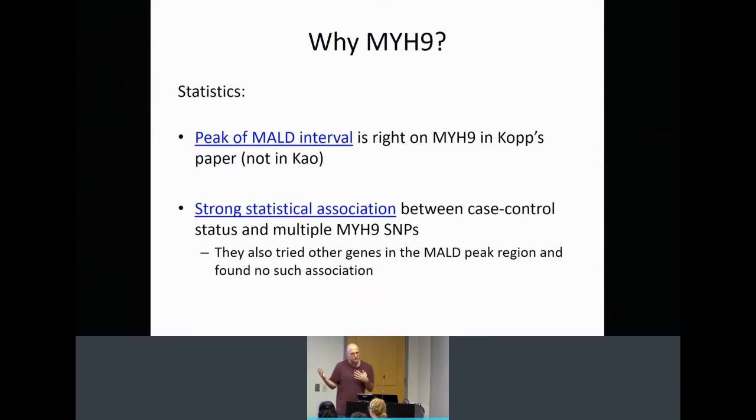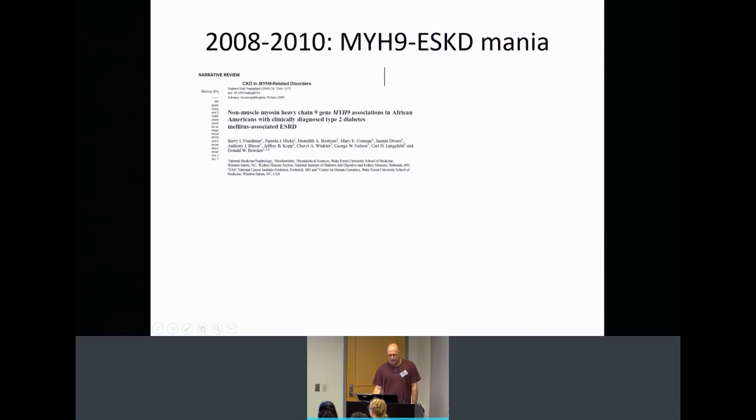And basically, they found that whatever statistical association existed is explained by LD between these SNPs and the MYH9 SNPs. So all the signal pointed to the fact that we should be concentrating on MYH9, right?